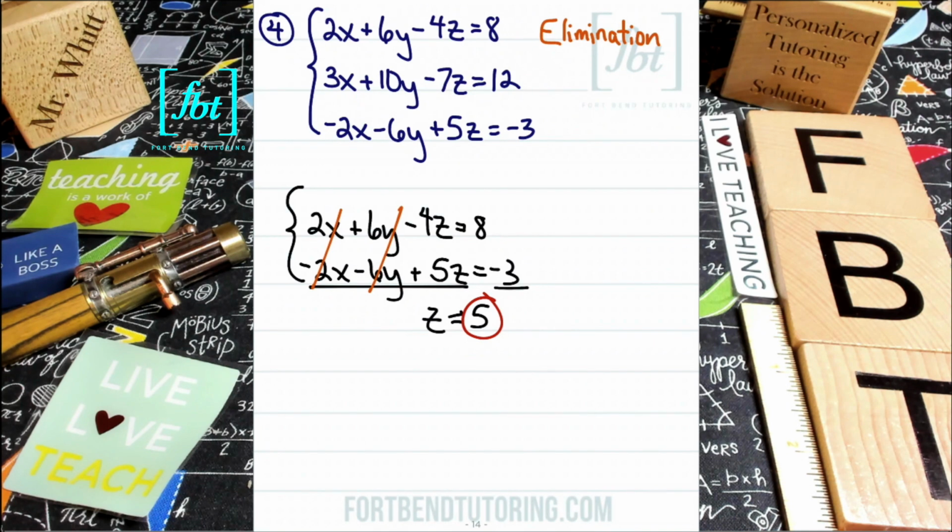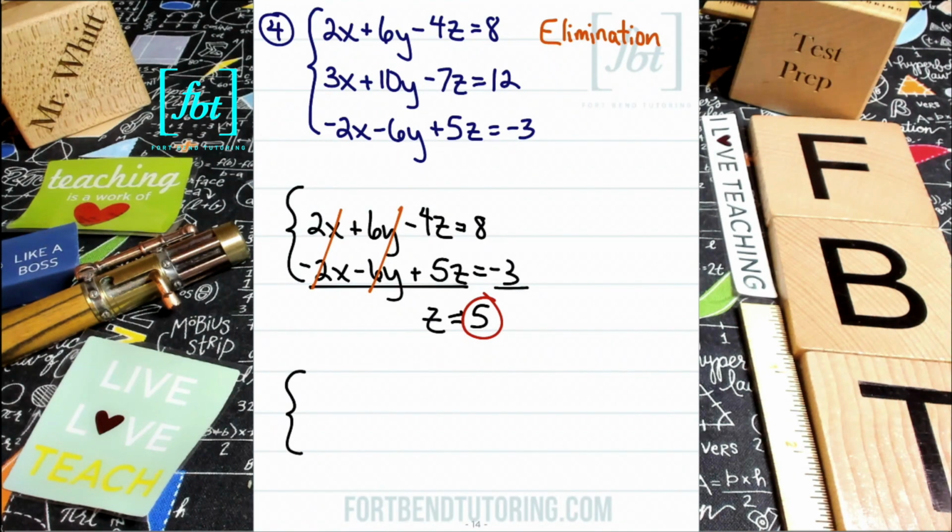All right, that being the case, we're going to continue the process. I'll next be eliminating the variable x in the first and second equations. So let's set that up. I'm using the first and second equations this time. I'm bringing down the 2x plus 6y minus 4z equals 8.